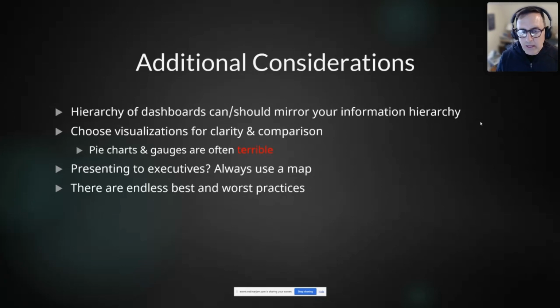A funny one that we've found is if you're, for example, doing a pilot of our software and you're about to present it to your executives, even if it was a single site and was inside of a building and there was nothing useful on a map, we always recommend one, because for whatever reason, executives love a good map. And there's a few other visualizations, which I'll show you, that are also what I would call eye candy. They might not end up in your final dashboards, but if you're presenting them or trying to gather support or other things like that, they're very useful and very easy to make.